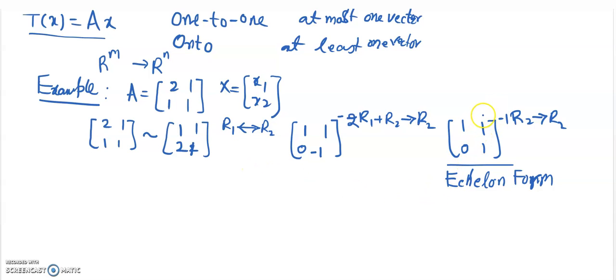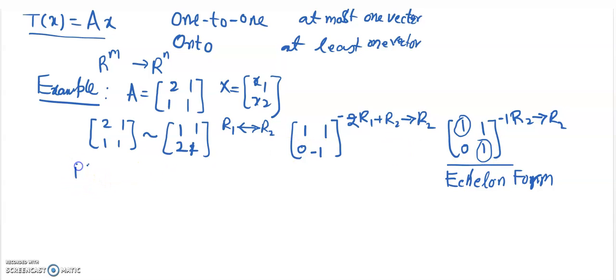So these two are the pivot positions for the columns, and similarly for the rows, these two are the pivot positions as well.